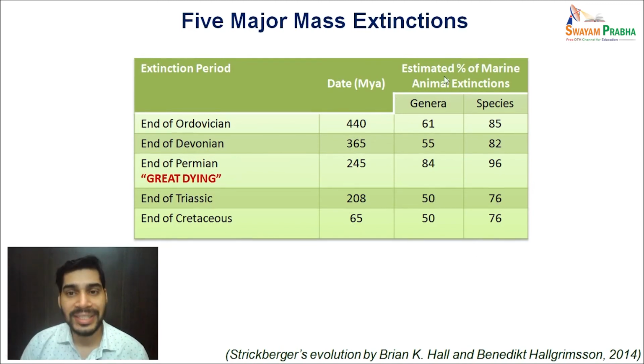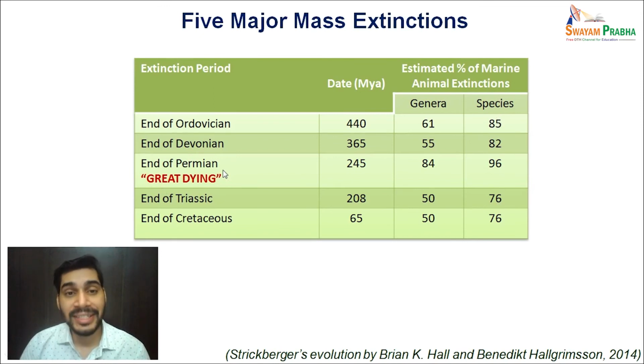Here you can see the percentage of marine animal extinction, and as I just mentioned, any event is called a mass extinction only when it leads to a biodiversity loss of 75% or more, which you can see here in terms of numbers. Then why are we calling this end of Permian the Great Dying?